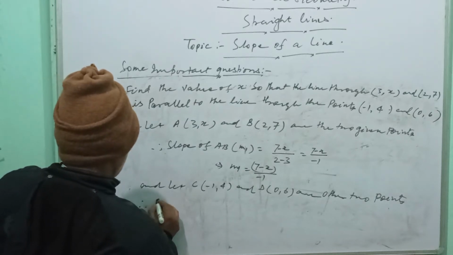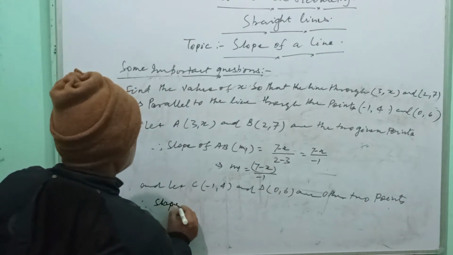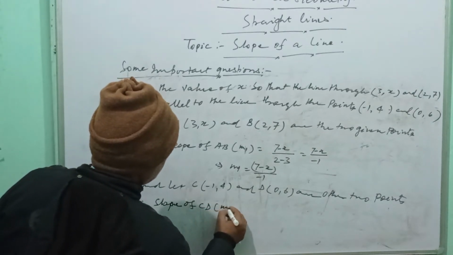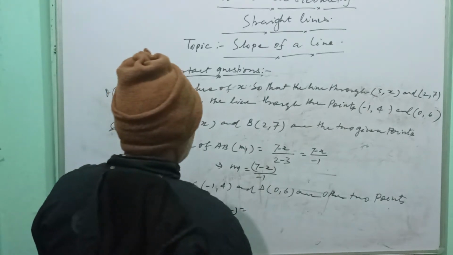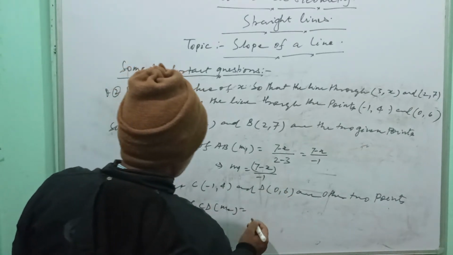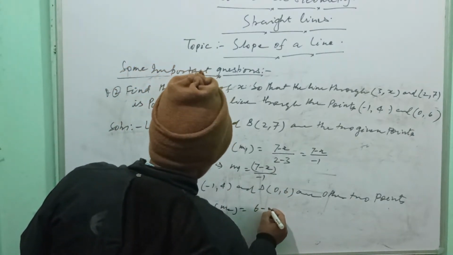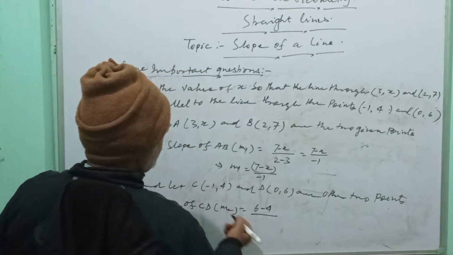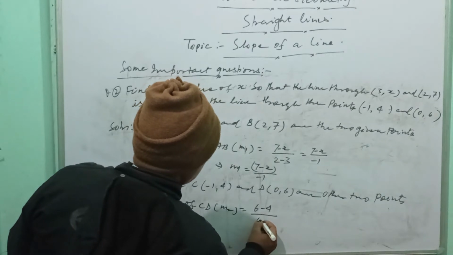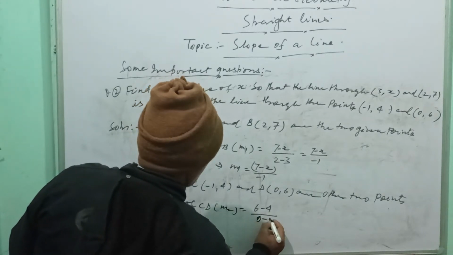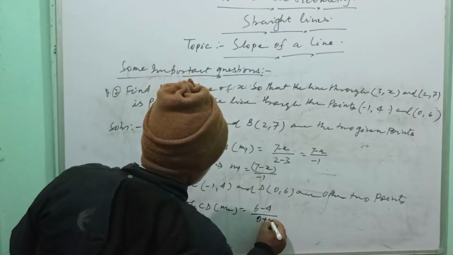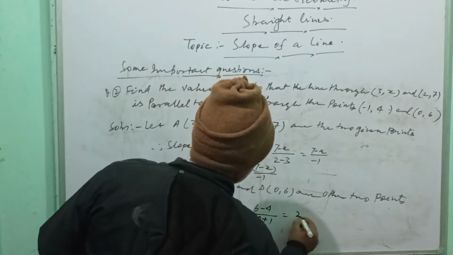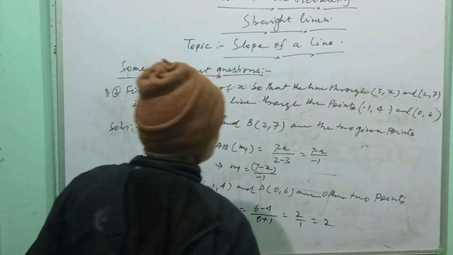Therefore, slope of CD, means M2, is equal to y2 minus y1, means 6 minus 4, by x2 minus x1. So 0 minus minus 1 is plus 1. This becomes 6 minus 4, so 2 by 1, means 2.